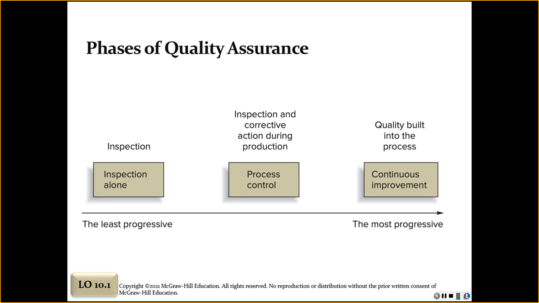Because once it gets to the customer and it's not up to the level of quality that customer expects, either the customer is going to return the product, or keep the product but never want to do business with that company again, and possibly give bad reviews or bad feedback. So the best way to make sure that a product or service is of quality is to do it before it gets to the customer.